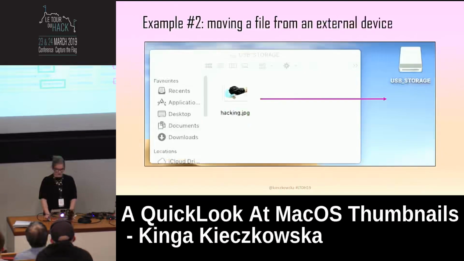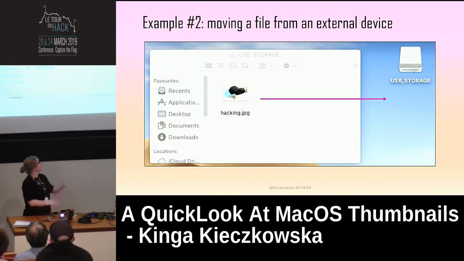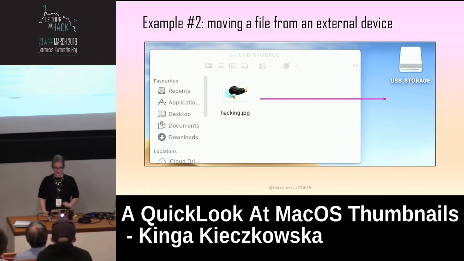Example number 2 is when you have an external device and you are moving a file from the external device to your machine. Here I have USB storage, just a USB stick. There's a very important secret image called hacking JPG on it, and I'm just dragging it onto the desktop and then looking at the cache.